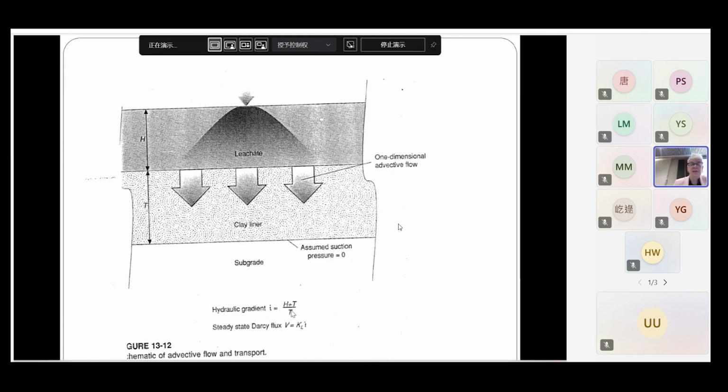Those are the two things that can be used to calculate the hydraulic gradient. And as before, you multiply it by the permeability, and then you can calculate the flux. So this will give you your contaminant transport through a clay liner.